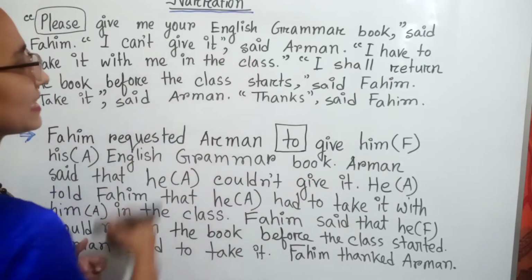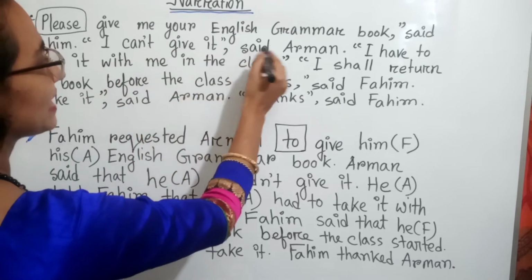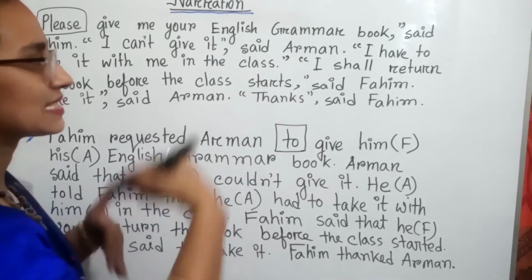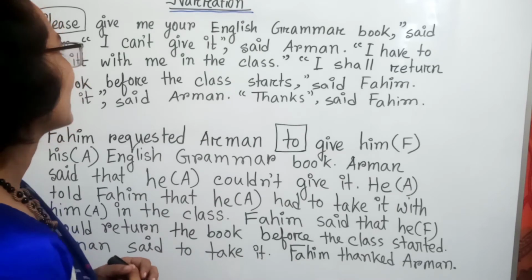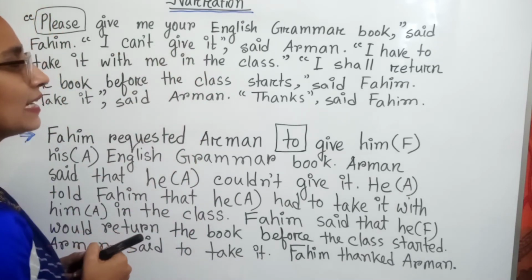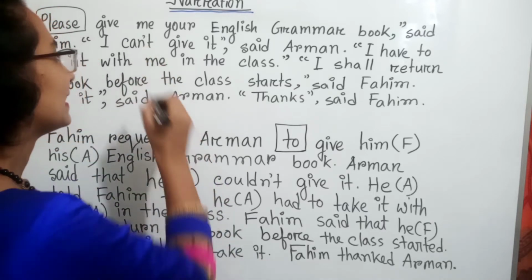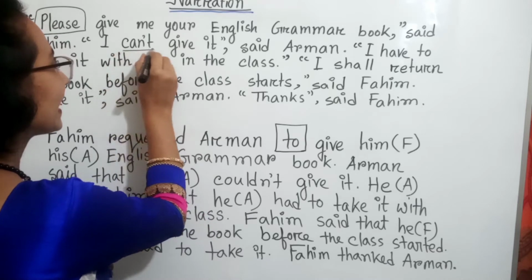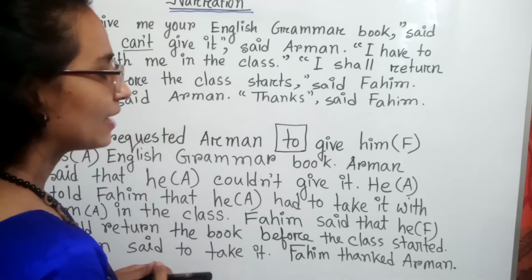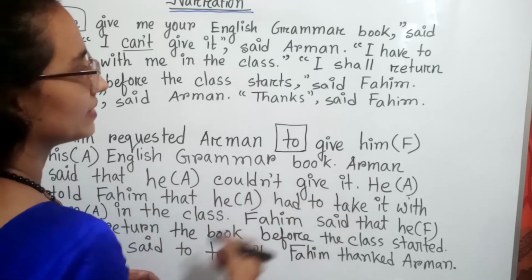In the second sentence, you can see "I cannot give it," said Arman. Arman said to Fahim that he could not give it. Here the direct speech has cannot, but I wrote here Arman said that he could not give it.